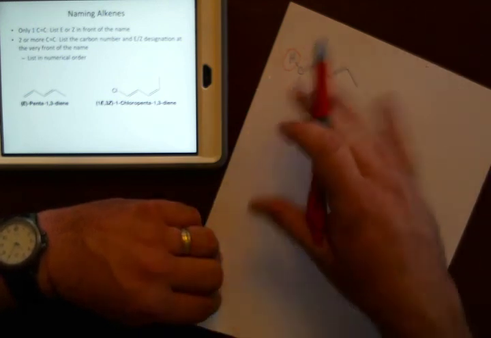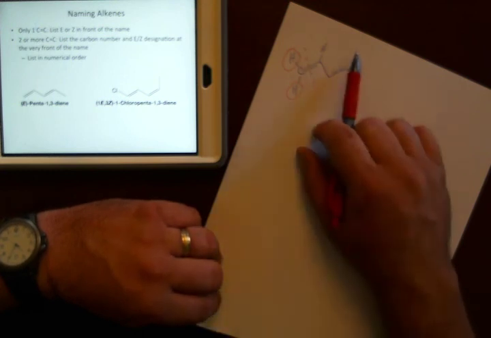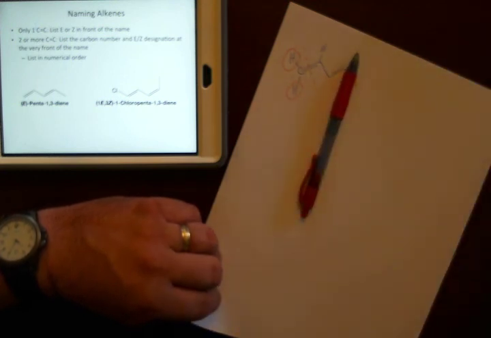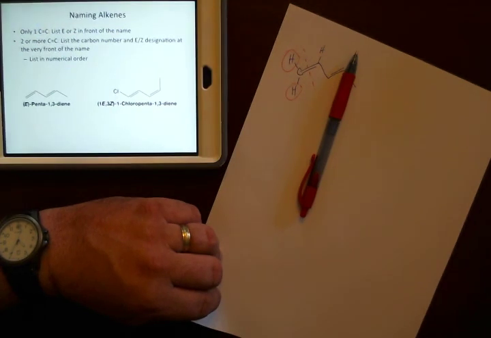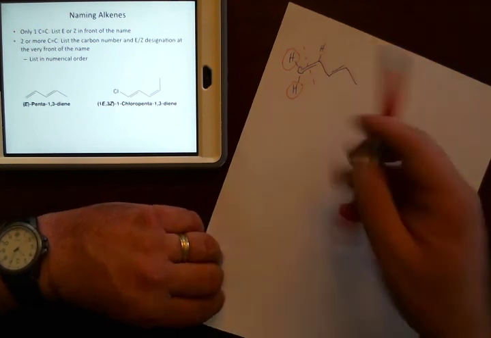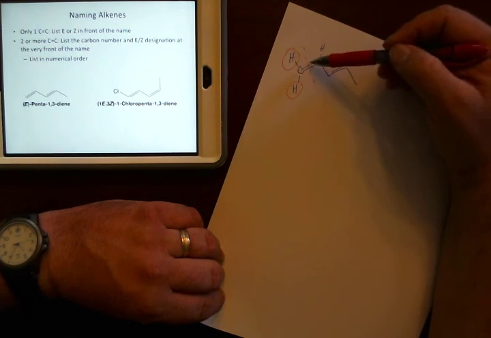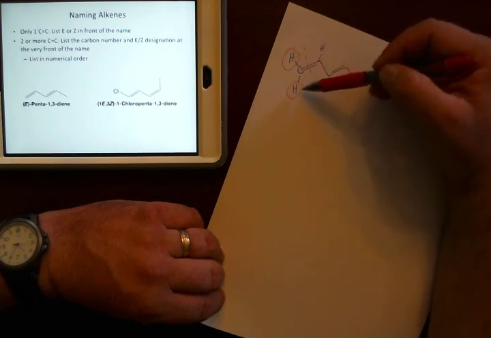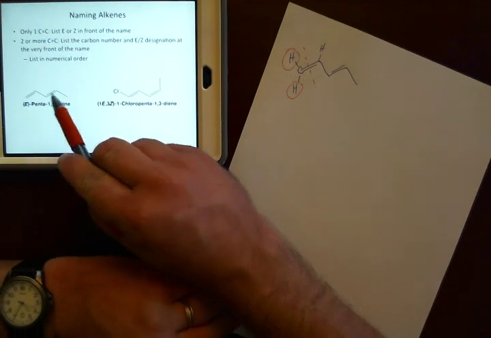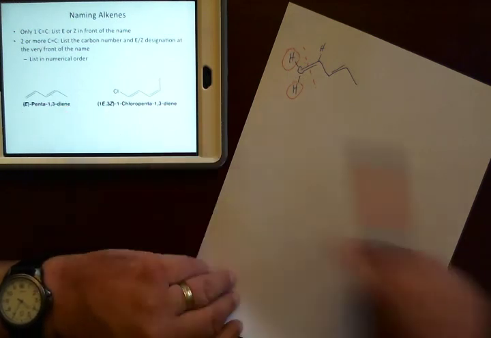So when there's a tie, there's never going to be an E or a Z. Oh, there we go. Sorry if that was blurry. I don't know what this thing's doing today. If there's a tie on this side, then there can't be an E and a Z. So this E refers to this double bond there, in the 3 position.